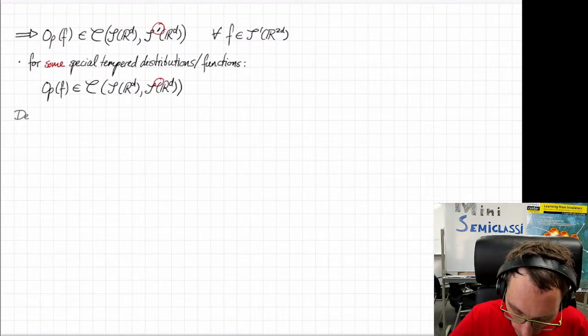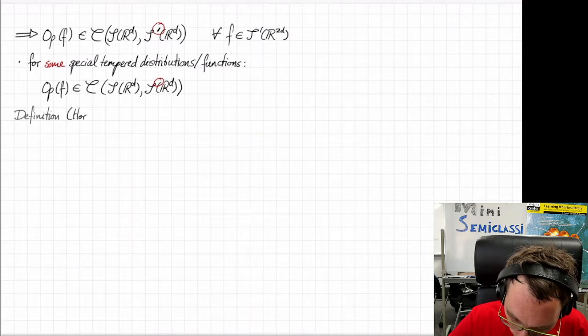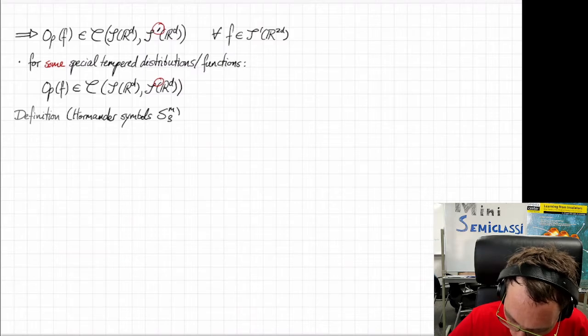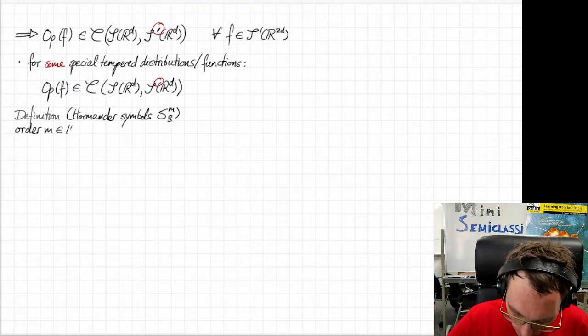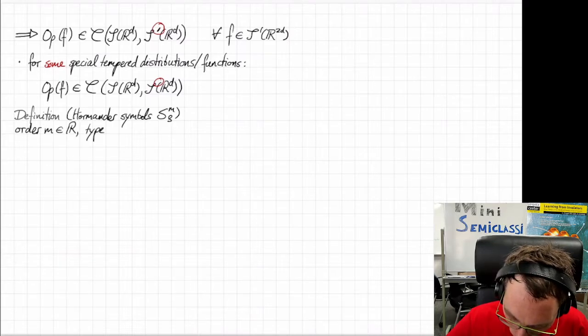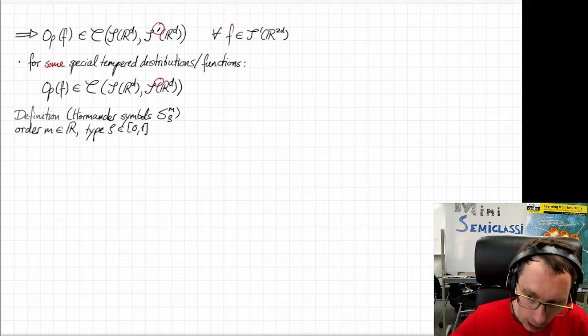Those are the so-called Hörmander symbols. The order m is a real number, and the type rho is also a real number, but it must lie between 0 and 1.